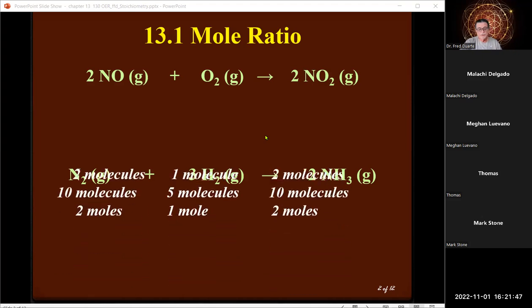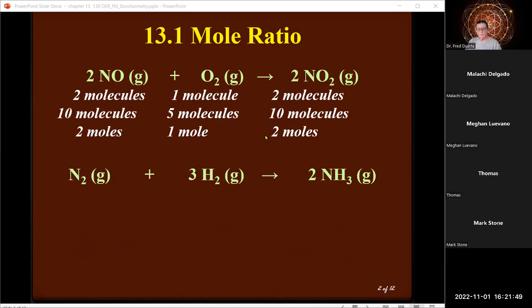All right, so after we did the balancing, we could say, and I've been saying the term, well, okay, in this reaction, it takes 2 molecules of NO to react with 1 molecule of oxygen to give me 2 molecules of nitrogen dioxide, okay?